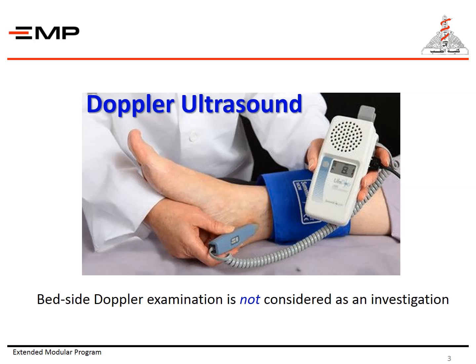Doppler ultrasound used to detect blood flow within the vessel, the one shown in the picture, is considered a bedside procedure and not an investigation. The pocket Doppler can be used to measure the ankle pressure and calculate the ankle brachial index, as you will learn later.